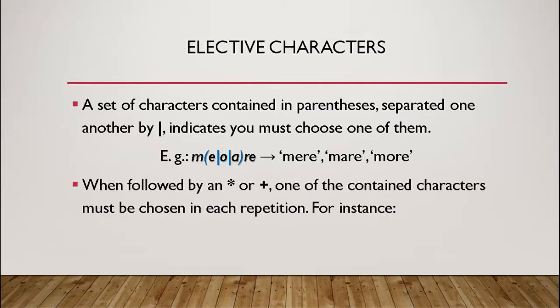If you then add an asterisk or a plus sign, you can make a selection in each step. Here, while C and H are mandatory in this regular expression, you can select between S, R, and E 0 or more times. This way you can recognize CH, cheer, cheese, chess, and so on.